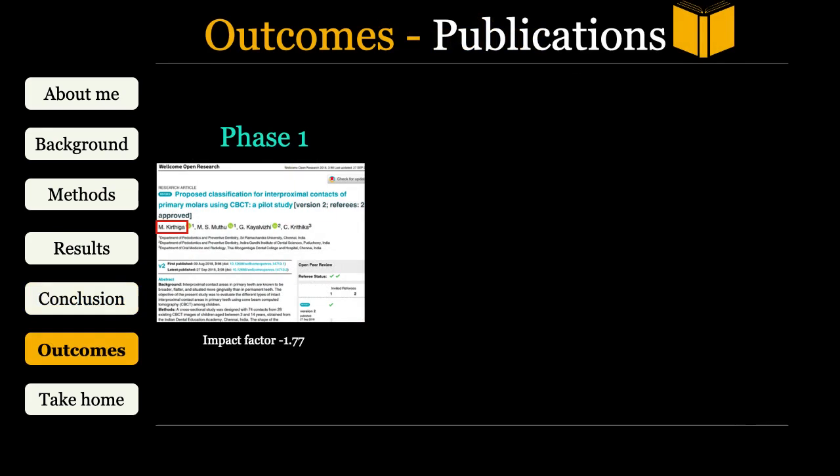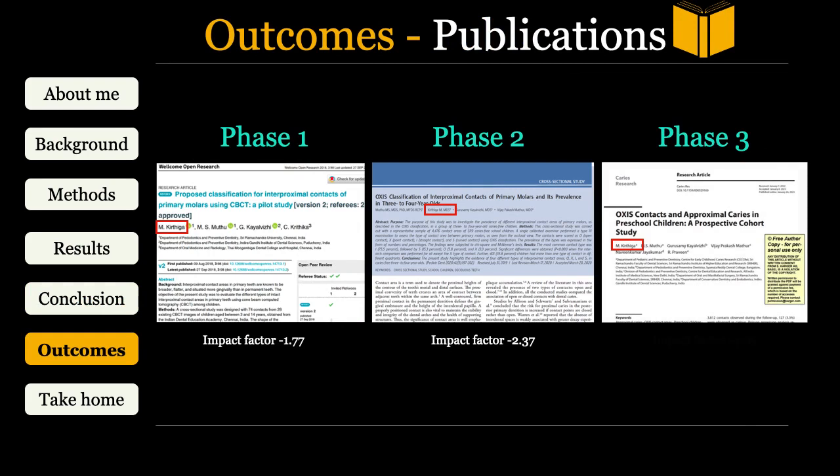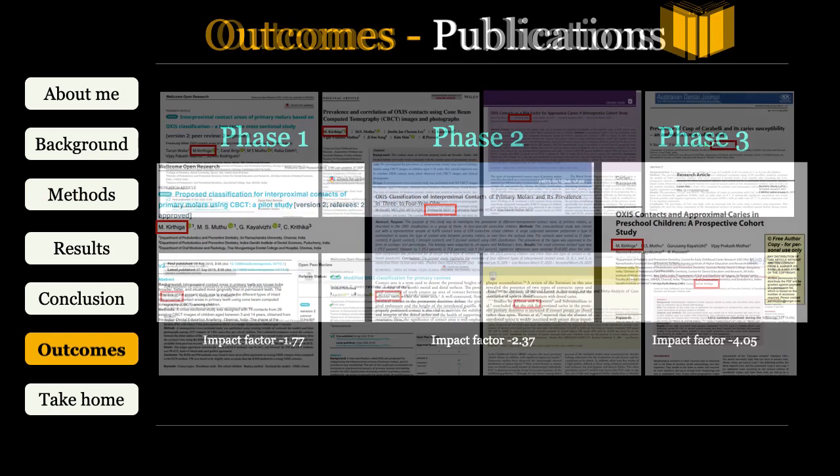Moving on to the outcomes, we published phase 1 in Wellcome Open Research with an impact factor of 1.77, phase 2, the clinical component, in Pediatric Dentistry, and phase 3, the prospective cohort component. The 12-month results we published in Caries Research, and the 36-month results have been accepted in Pediatric Dentistry, awaiting the proof.